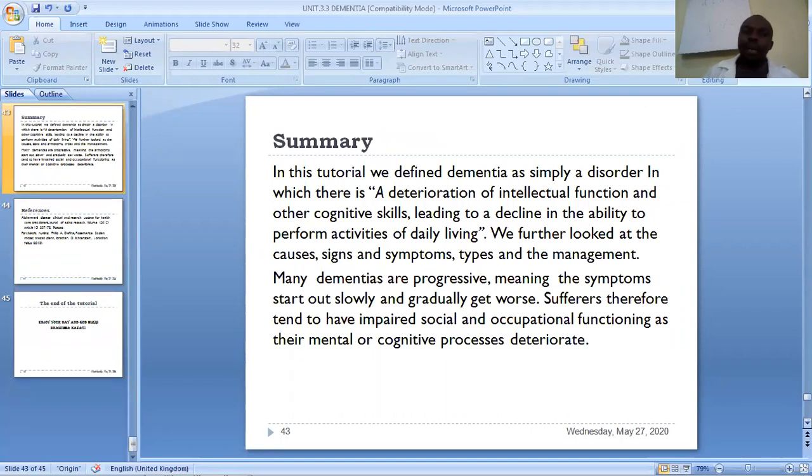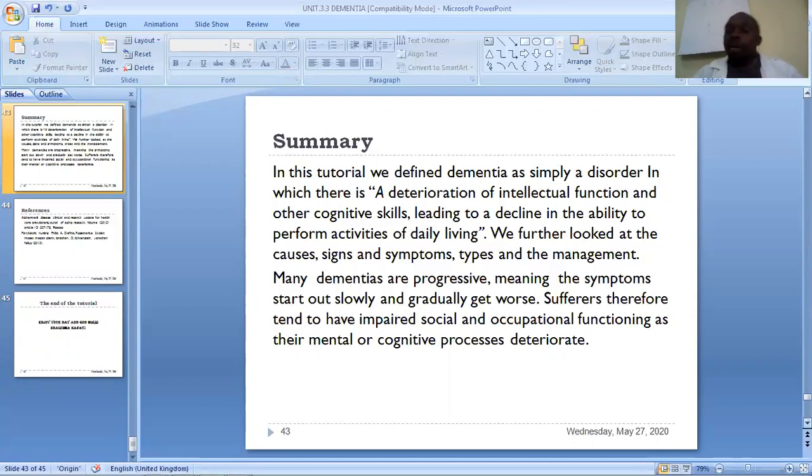So in summary, in this tutorial, we define dementia as simply a disorder in which there is deterioration of intellectual function and other cognitive skills, leading to a decline in the ability to perform activities of daily living. We also stated that there are four elements that will lead to the definition of dementia.